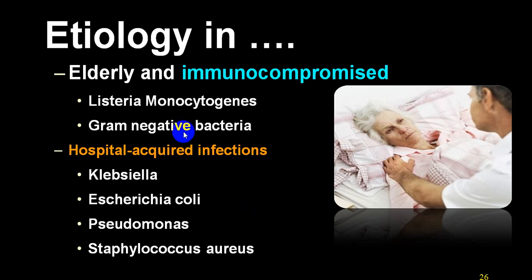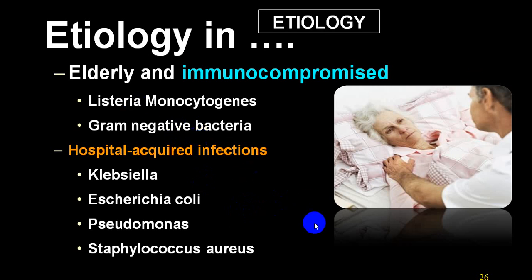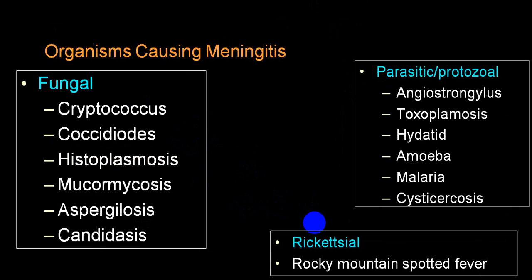And you can have severe gram-negative infections. Also odd infections like Listeria, which are more common in immunocompromised hosts and elderly persons also.